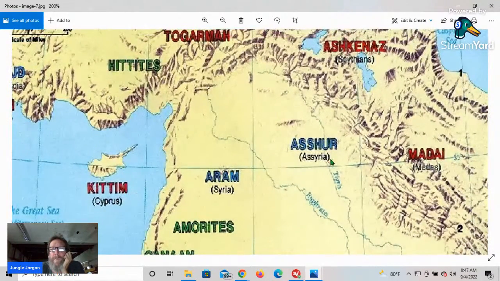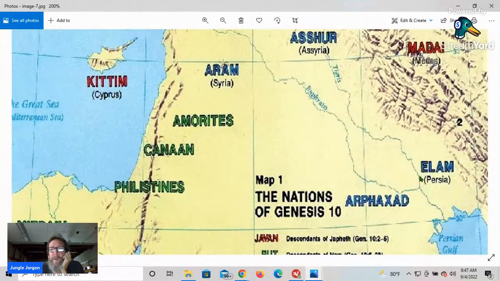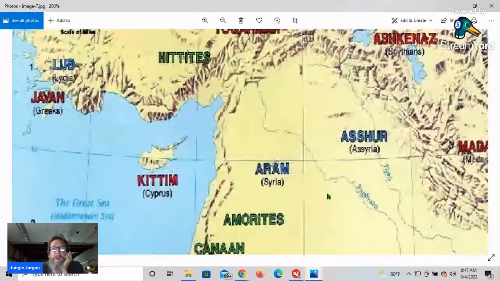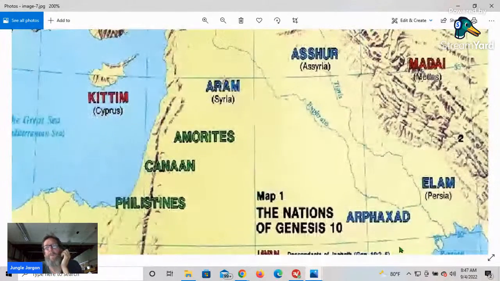Asher, of the Assyrians, that's Semitic. Elam, of the Elamites, that's Semitic. And Arpachshad. These are the 5 sons of Shem and where they were located in the Middle East. Lud, Aram, Asher, Elam, and Arpachshad.